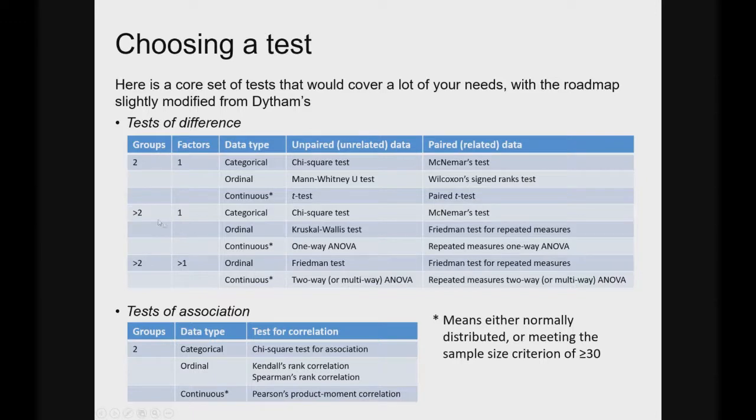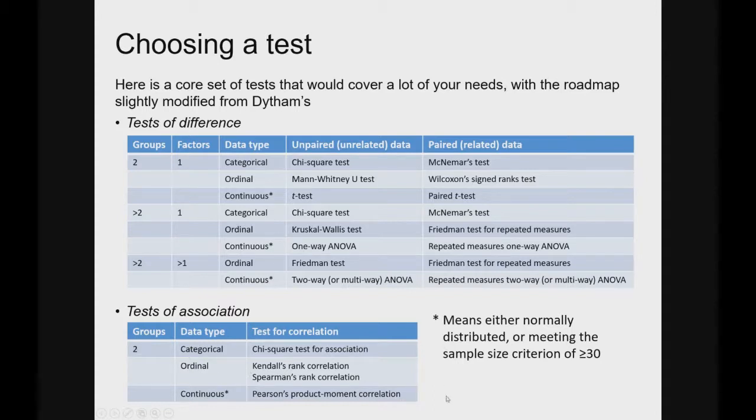So if you would refer back to that larger table, you're going to see for tests of difference, there was an area that had this information. So groups 2 or more than 2, factors 1 or more than 1, categorical, ordinal, continuous, and I've slightly modified it based on the way that this author described it. It's couched now in the way we had our prior slide.